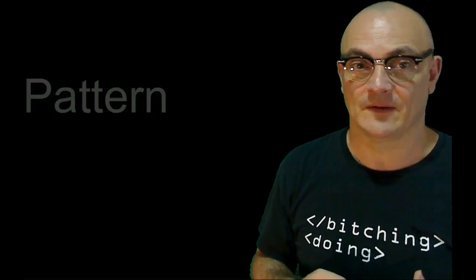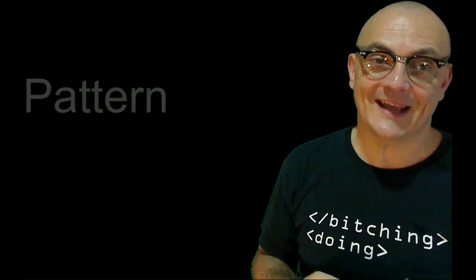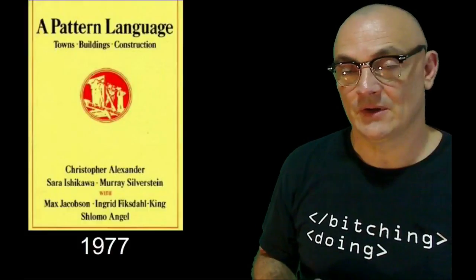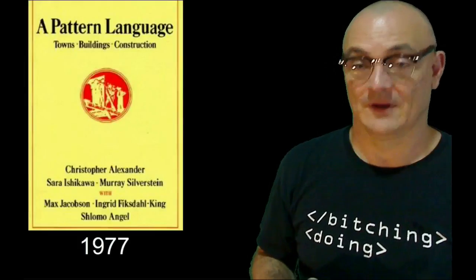To do that, we need a good plan. And to find a good plan, we need to go back to the year 1977 and ask an architect. In this case, we ask Christopher Alexander, who was the first one who came out with the idea of patterns. He wrote this marvelous book, A Pattern Language: Towns, Buildings, Construction, which was not software architecture, but real architecture.